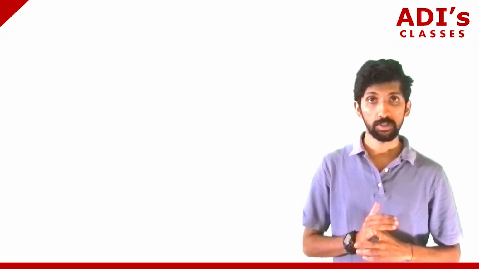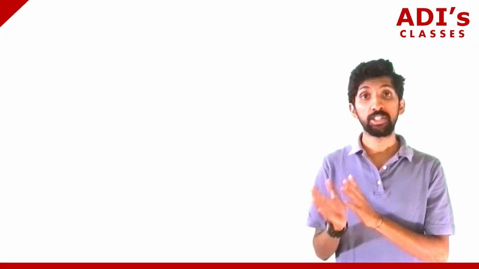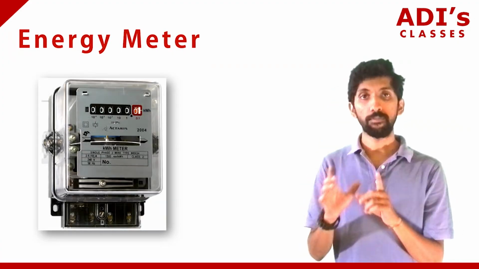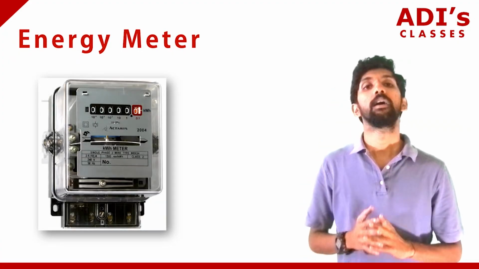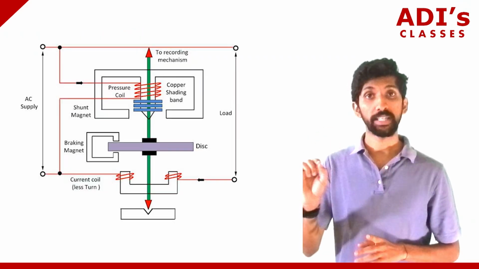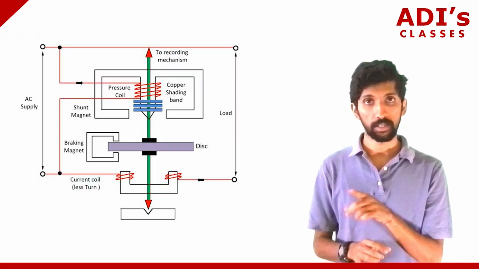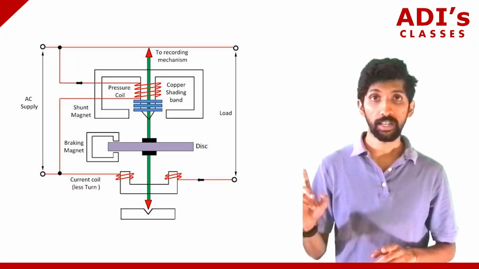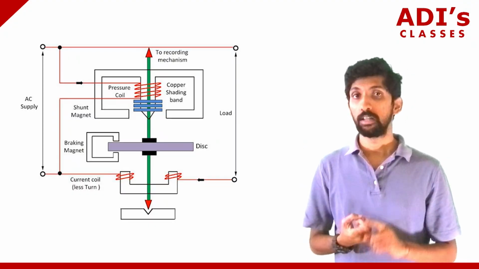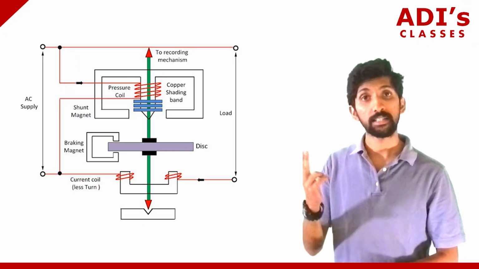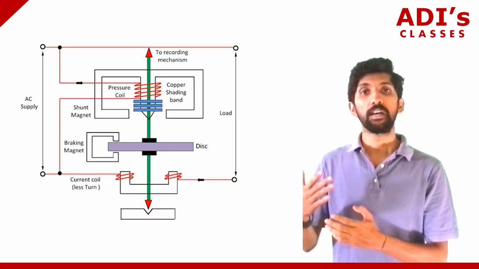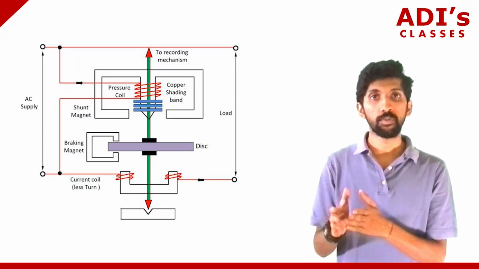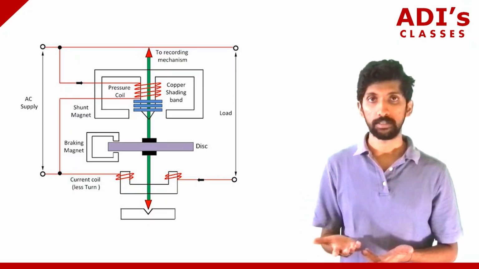Then one more use is something called the energy meter. In an energy meter, you have permanent magnets, and there is a metal piece which will be moving inside that magnet. As the metal is moving, eddy currents will be produced, right? Because of resistance, it slows down. So eddy currents hinder the movement of the metallic piece.